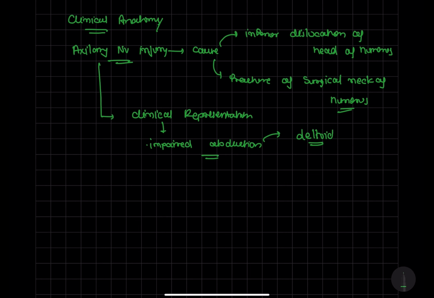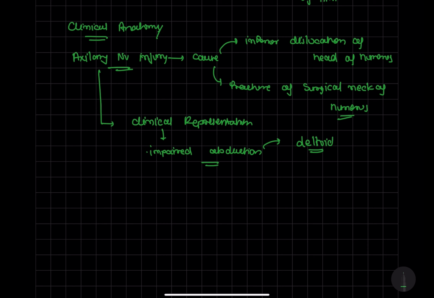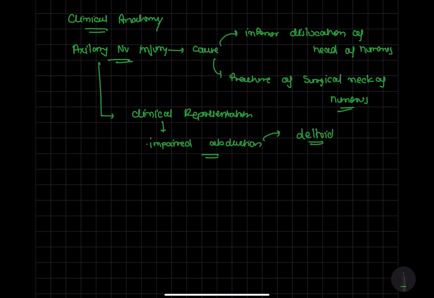That means the muscle would shrink in size and become paralyzed. So everything supplied by the axillary nerve is going to atrophy or become useless. The axillary nerve supplies the deltoid, and deltoid is the main abductor of the shoulder joint. So if the axillary nerve is damaged, the deltoid atrophies, and then you will have impaired abduction due to paralysis of the deltoid.